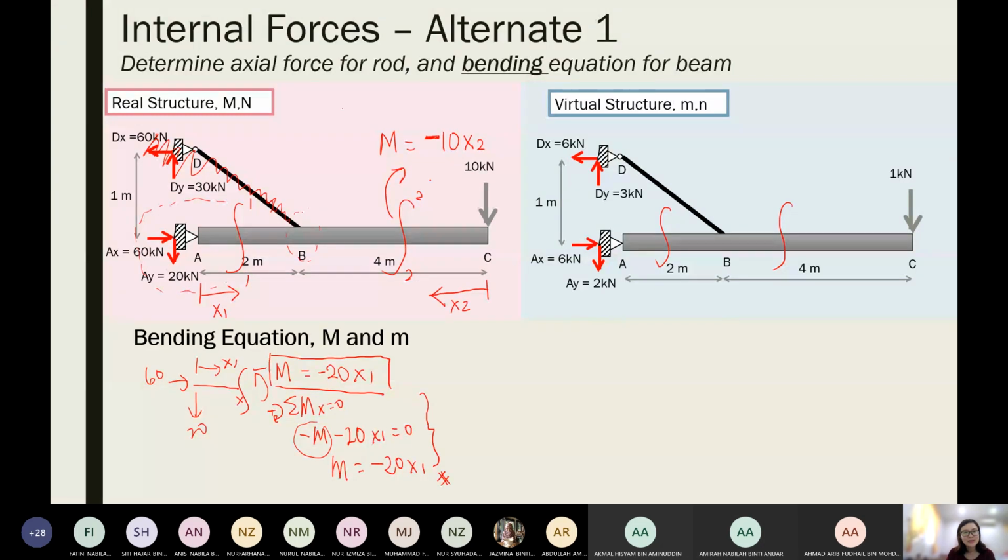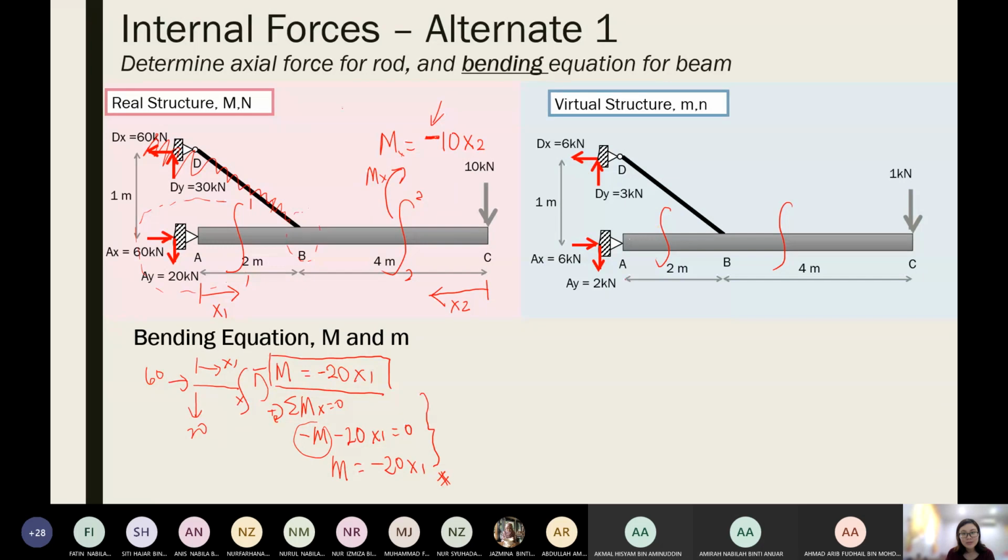So you make yourself a simple rule created by yourself, or you may want to follow mine. Mine is: if this 10 kilonewton is acting in the same direction as the internal moment here, then it is negative. Right now, 10x2 is acting the same, clockwise, so you will get a negative. If it is acting opposite, then it gets positive. Let's try again here.